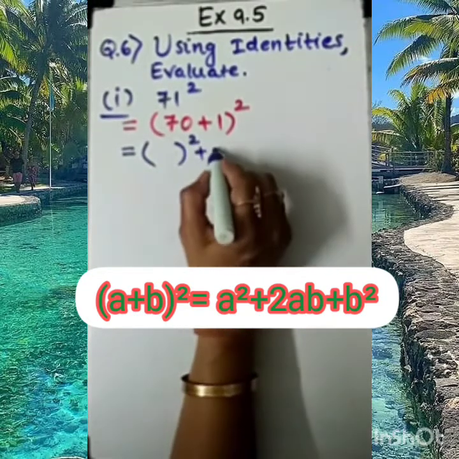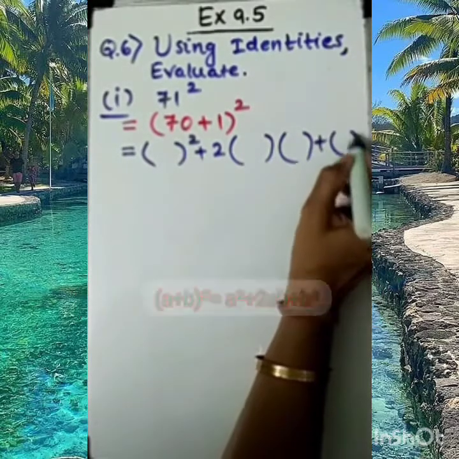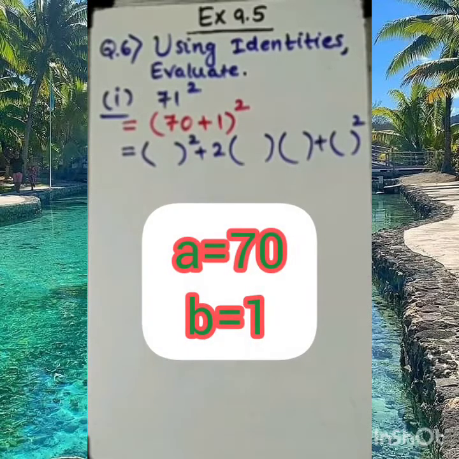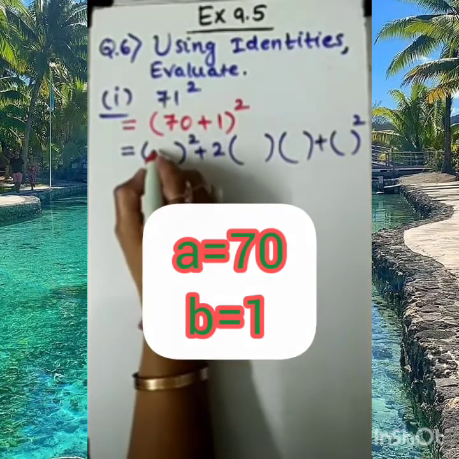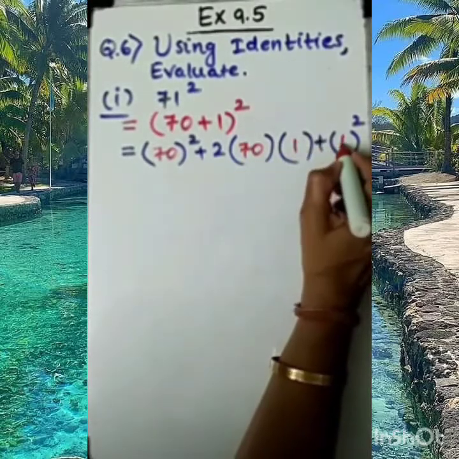A square plus 2ab plus b square. Which identity are we applying? First identity. Now according to the first identity, if we compare, what will be a? a will be 70, here also 70, and b is 1.